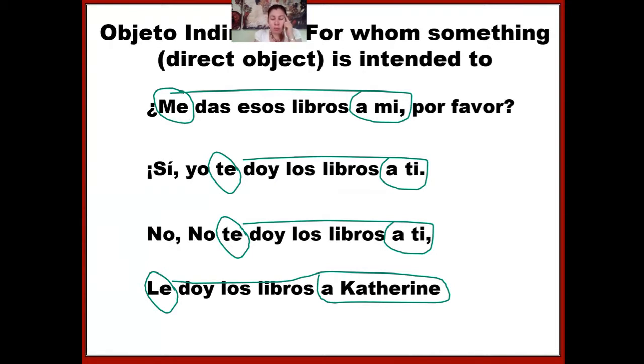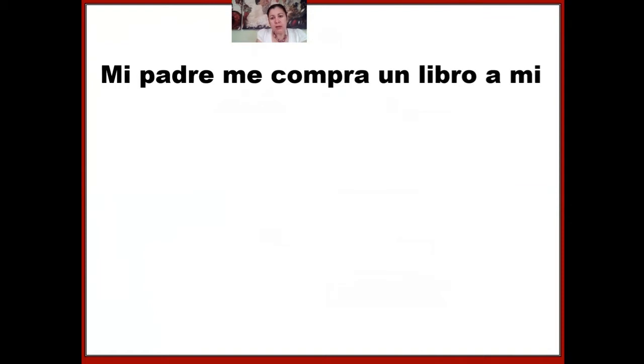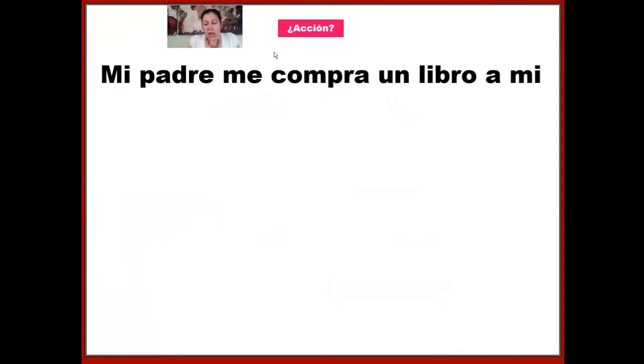Let's go more on that. When you say, mi padre me compra un libro a mí, the question is: what is the action? The action is compra.